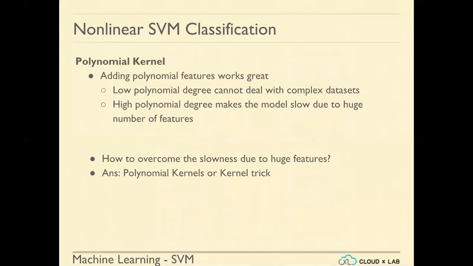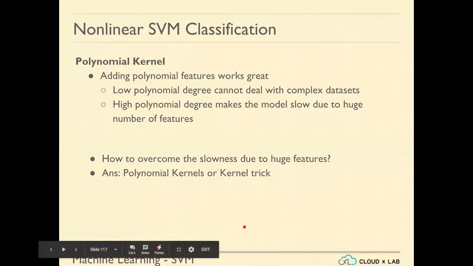Now, we generally call something the kernel. There is a term that we use again and again in support vectors, which is kernel. What is kernel? Let me just explain.